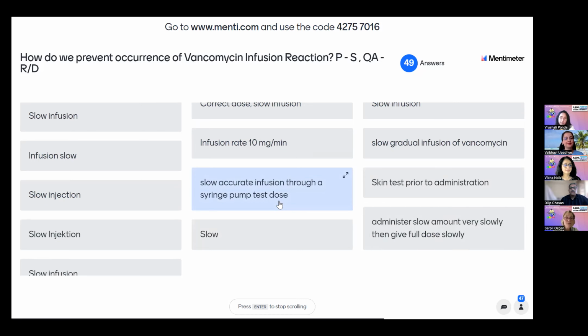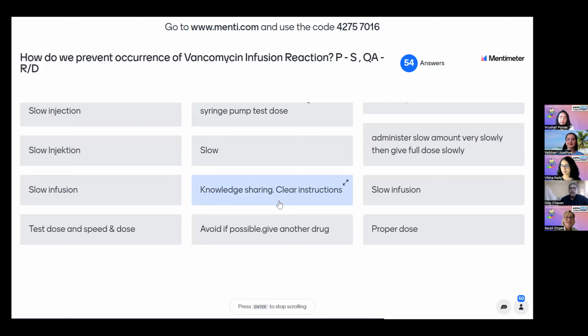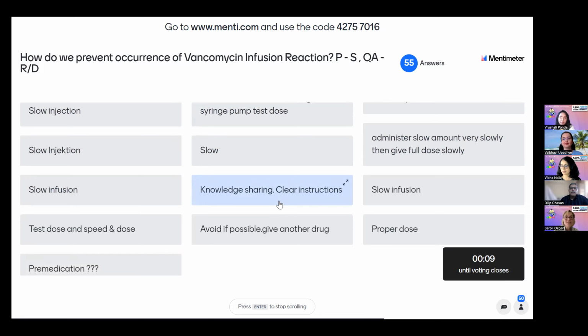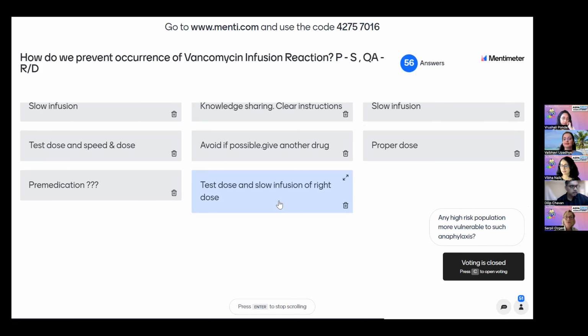However, please try not to give the drug concomitantly with other histamine releasing drugs we use, such as morphine, contrast media or atracurium. We have to be careful with the other histamine releasing drugs.